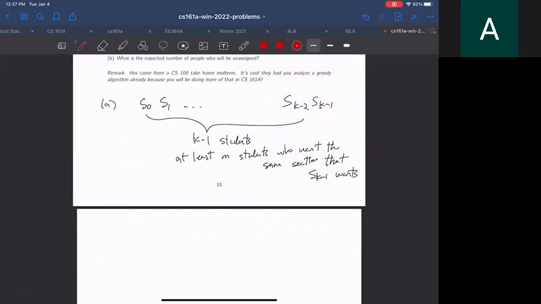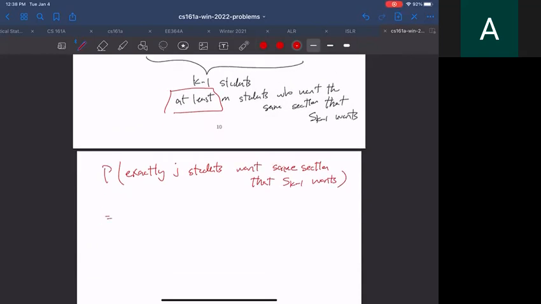All right, so at least M students who want the same section. That's a little hard to calculate. We have to calculate this at least part. So let's just consider what is the probability that exactly, let's use some other variable, J, students want the same section that S_{K-1} wants.